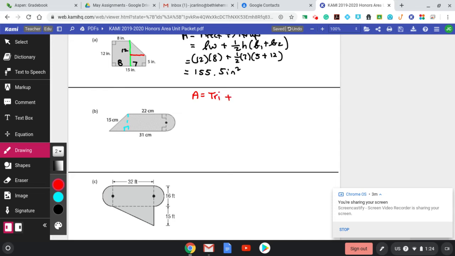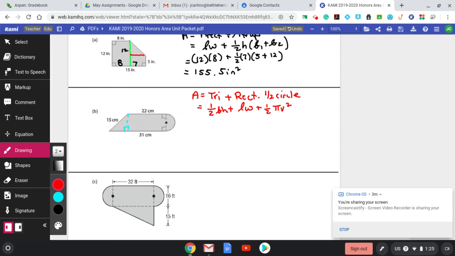I have the rectangle in the middle. And then I have a half circle to the right. So now I can go 1/2 base times height for the triangle, length times width for the rectangle, 1/2 pi r squared for the circle. Now I just got to figure out those values.